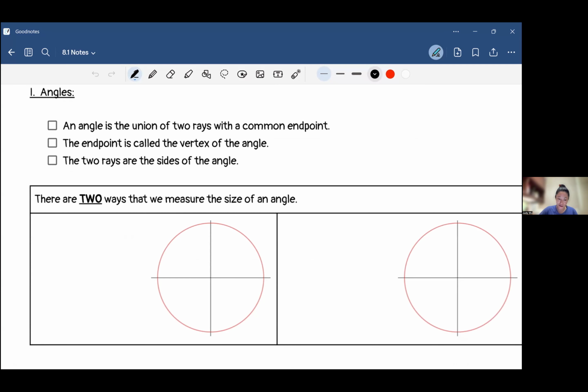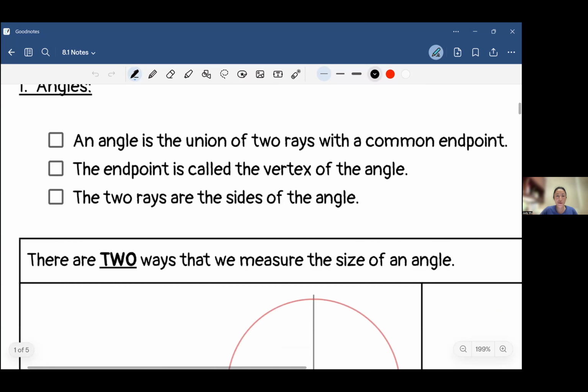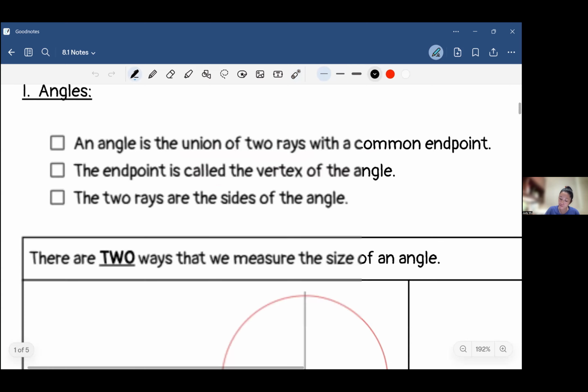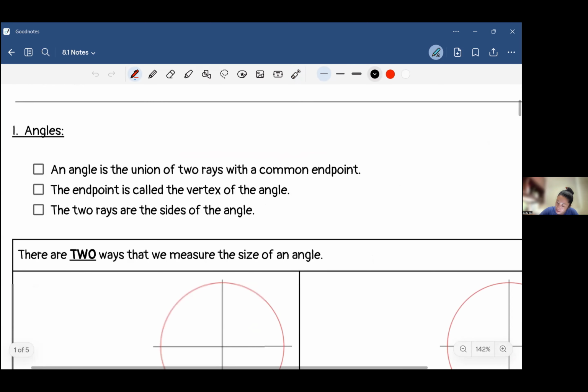All right, so angles. I think we've all seen angles before, but I just want to get a formal definition down here. An angle is the union of two rays with a common endpoint. The endpoint is called the vertex of the angle, and the two rays are the sides of the angle. And so that's really fancy language for saying we've got two rays.